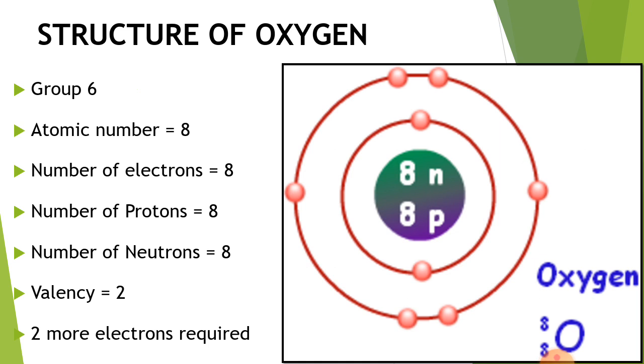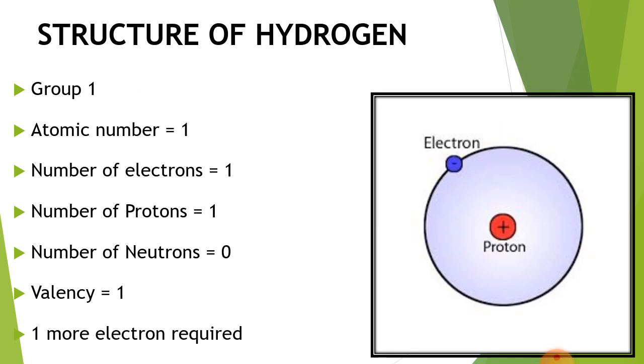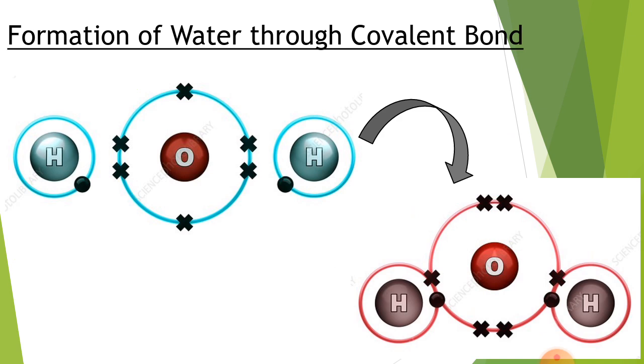Let's recall the structure of oxygen. Oxygen belongs to group 6 and it has 6 electrons in the outermost shell. Hydrogen has 1 electron. In this way, water is formed through covalent bonding. Look at the figure at the top. In this, you can see that there are 6 electrons in the outermost shell of oxygen.